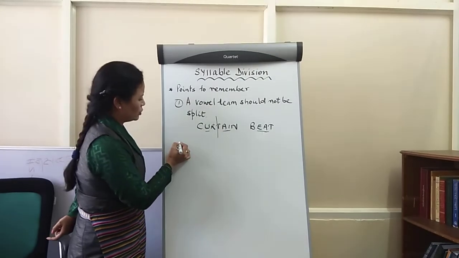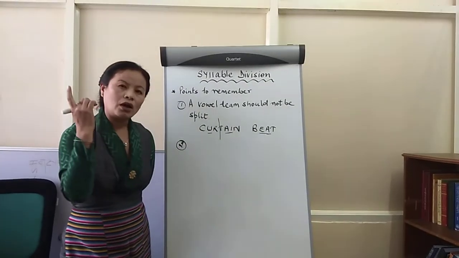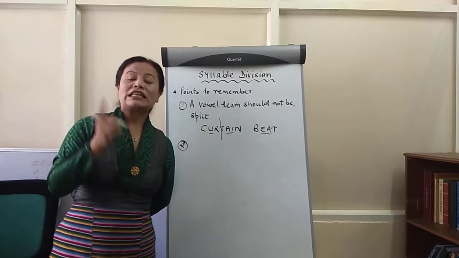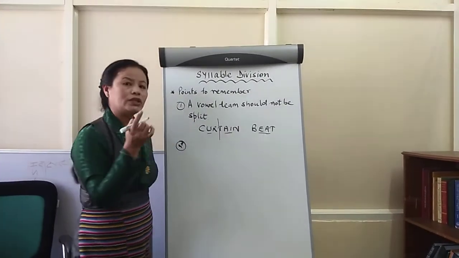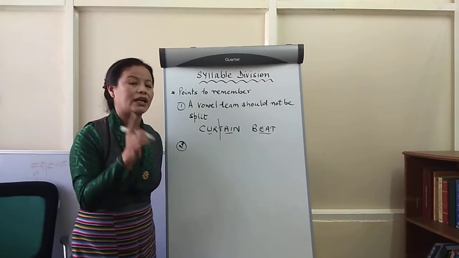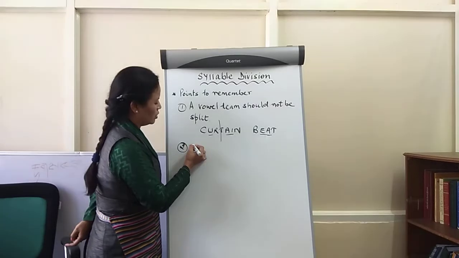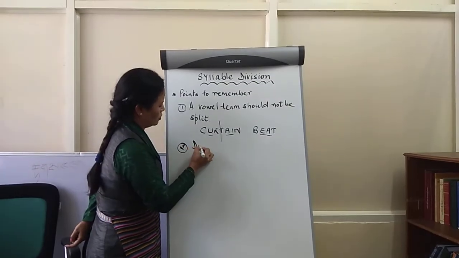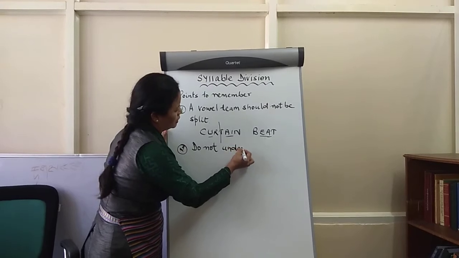One more thing you need to remember is when you come across a word that ends in E, E is silent, right? So we will not underline the E when it comes at the end of a word.